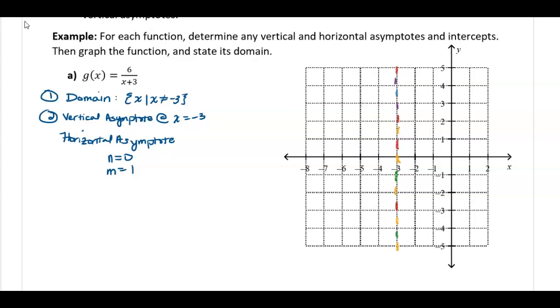Our m is 1. So n is less than m, which means we have a horizontal asymptote at y equals 0. So I'm going to go over here and plot that y equals 0.